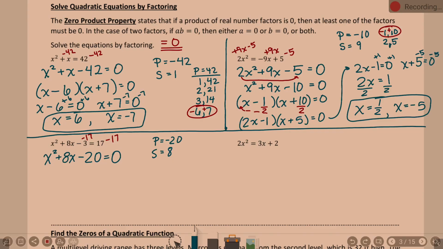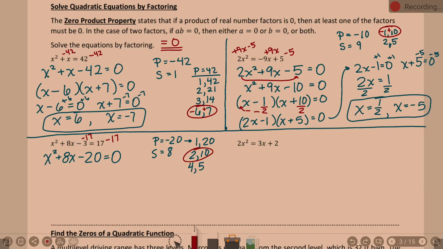I always start with 1 and itself. 1 times 20 is 20. 2 times 10 is 20. 3 times nothing. 4 times 5 is 20. And then if I go to 5, I've already used 5, so my pair's got to be there somewhere. Which pair could possibly get me that sum of 8? Okay, 2 and 10.